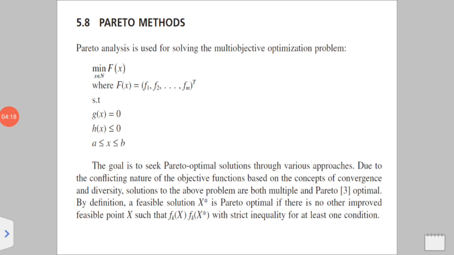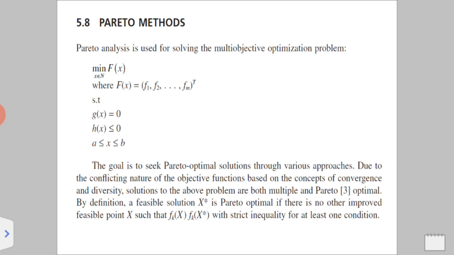Pareto method, that is 5.8. This method is used to solve multi-objective problems. Various approaches are used in the Pareto optimal solution to find the solution.